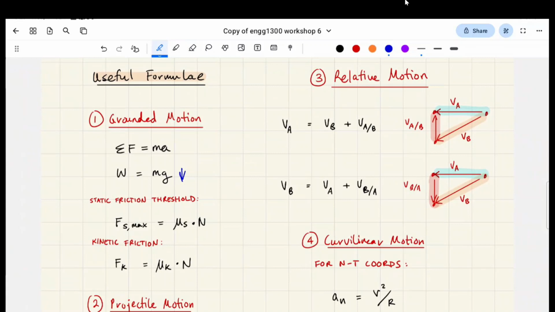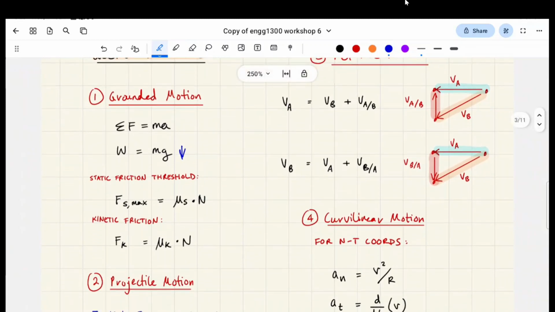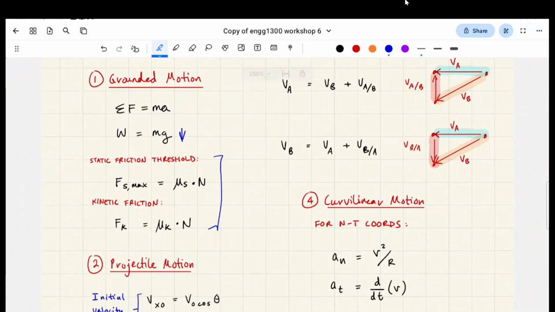So that's up, down on the y-axis. It's always going to be downwards, even if it's on an incline. If you want an example of how this friction works, refer to workshop 1. I believe the last question on workshop 1.